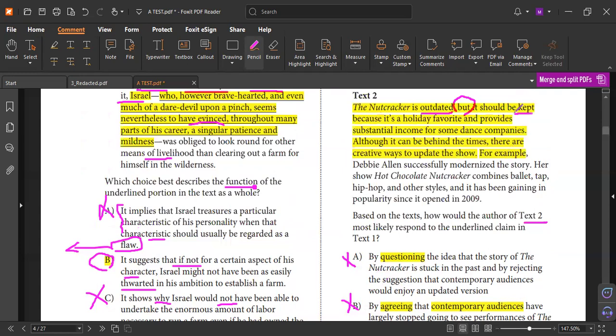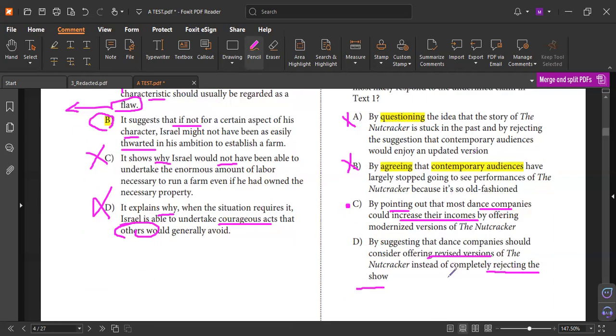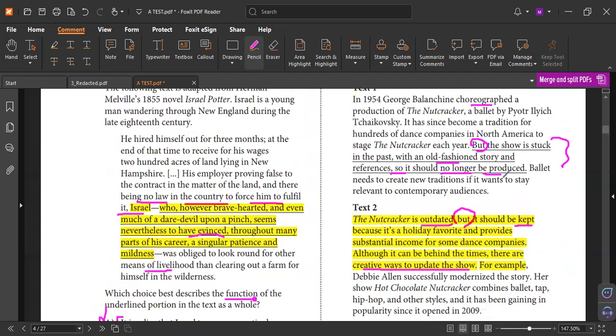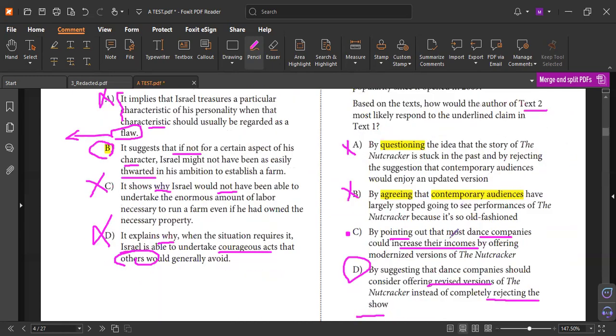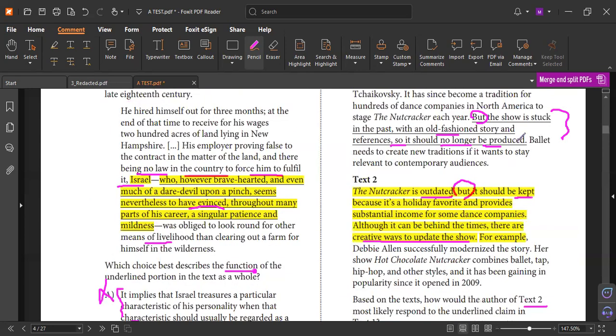He calls for it to be kept because it's a holiday favorite. And although it's behind, there are creative ways to update the show. That means he calls for revising the versions, not only rejecting the show. If so, letter D is the best answer related to content, because the response and the underline do not talk about increasing income. So C is not supported by the underlined or the response here.